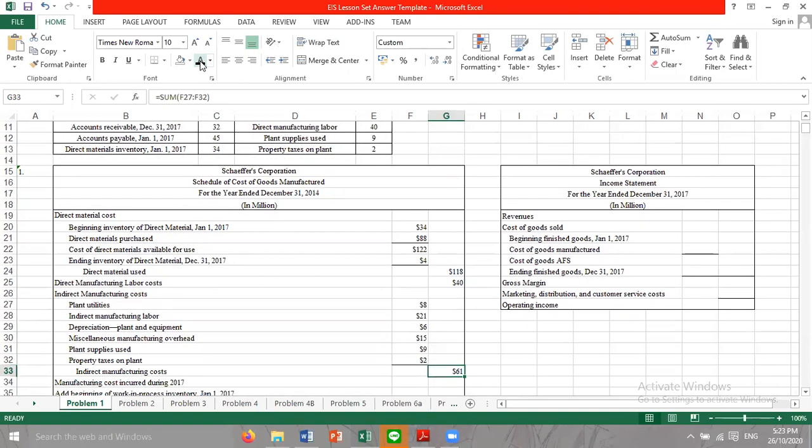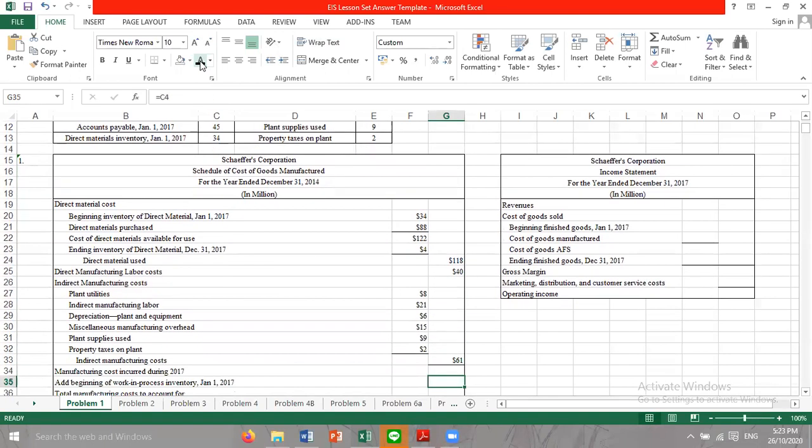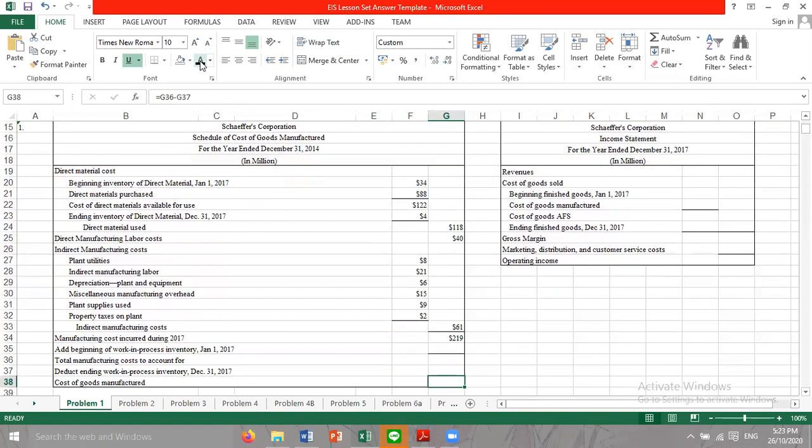Now from these three data, if we add them up, we'll be able to find the total manufacturing cost incurred. So we will know the manufacturing cost incurred for this period. So we just sum them up and we'll get $219. However, what we're trying to find is cost of goods manufactured, or practically the cost of goods which has been completed and transferred to the finished goods inventory.